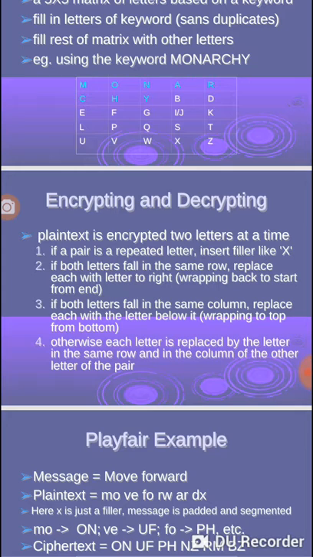Third, if both letters fall in the same column, then replace each with the letter below it, wrapping to the top from the bottom. Otherwise, each letter is replaced by the letter in its own row and in the column of the other letter of the pair.